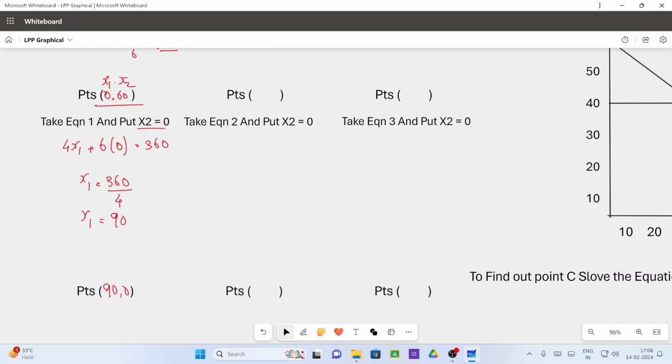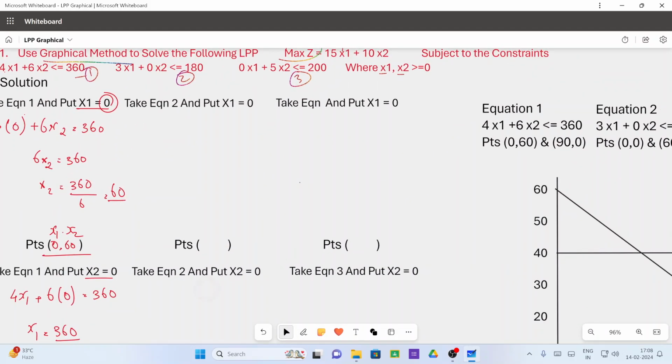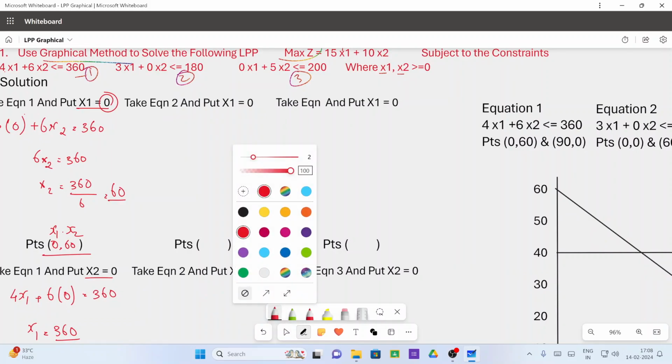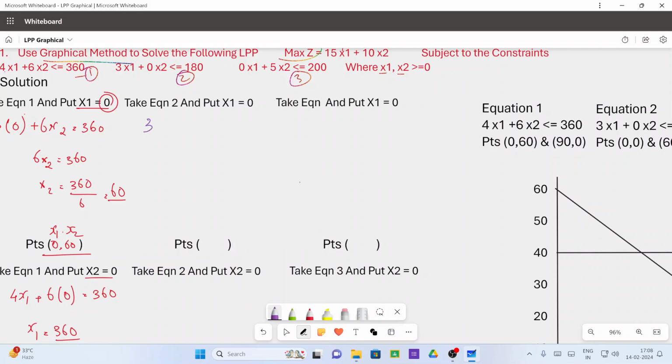Now we do the same for equation number 2. We substitute x1 as 0. So 3x1 is 0 plus 0x2, which equals 180. When we substitute 0, this term is 0 and this is also 0, so the value is entirely 0, so x1 and x2 both are 0.